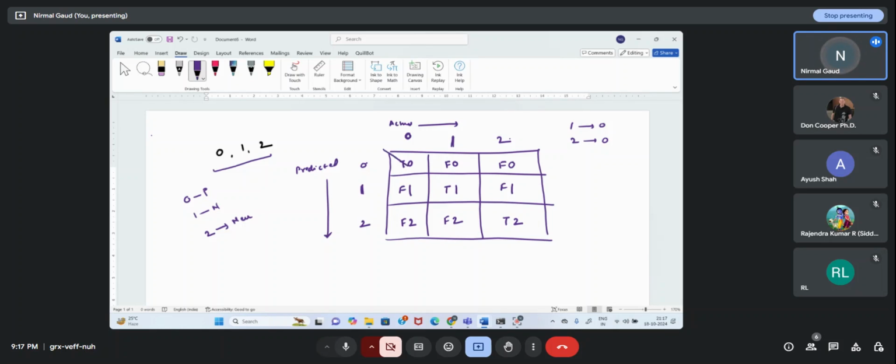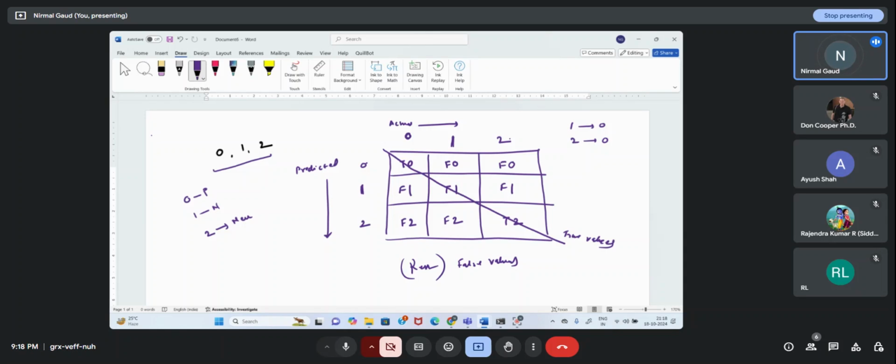So on the diagonal, you have the true values. True values are present on the diagonal. All the rest are false values, which means wrong interpretation by the model. The model got confused here. For some values, the model was confused: instead of 1, it gave 0, and instead of 2, it also gave 0.